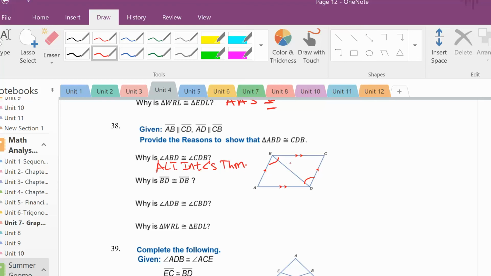BD is congruent to DB right there because of the reflexive property. Angle ADB, so right here, is congruent to angle CBD right here because of the alternate interior angles theorem. And then why are the triangles congruent? It's because you have angle, side, angle congruence.